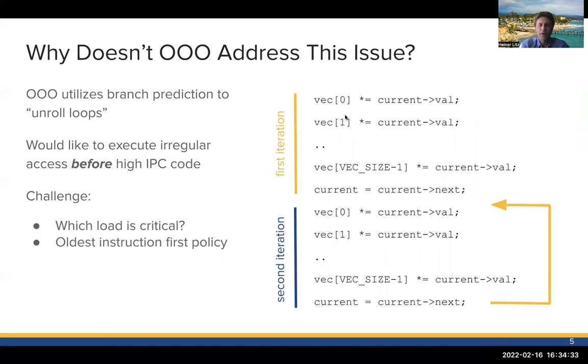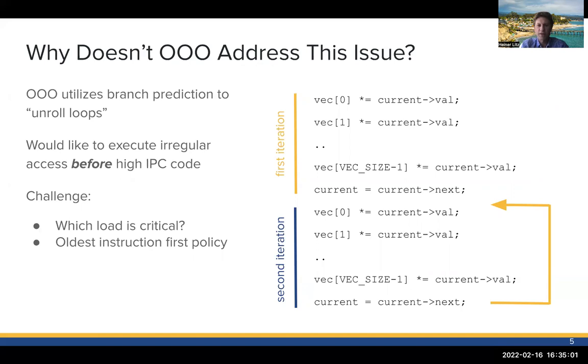So on the right, we can see two iterations of the outer loop, showing both the compute-intensive kernel as well as the irregular memory access. And so although via branch prediction, processors can look ahead and see those future instructions, such as the irregular memory access, they are unable to execute it early.